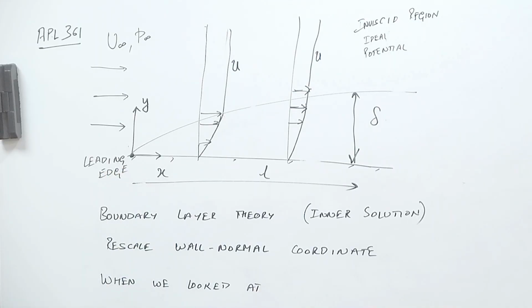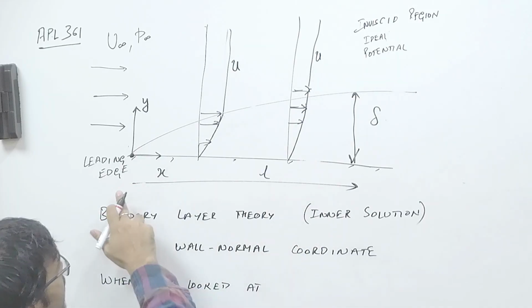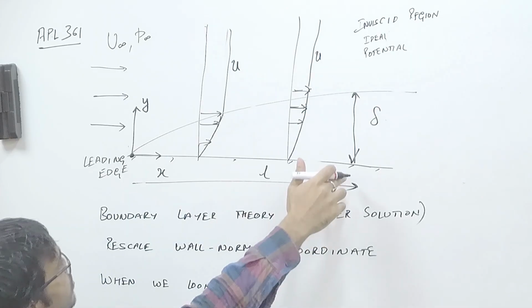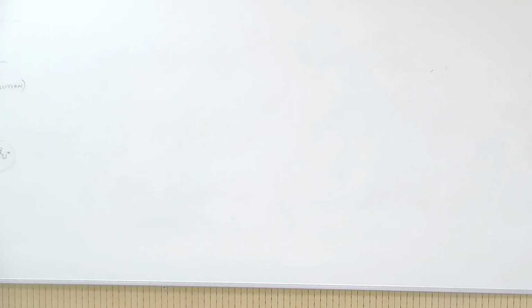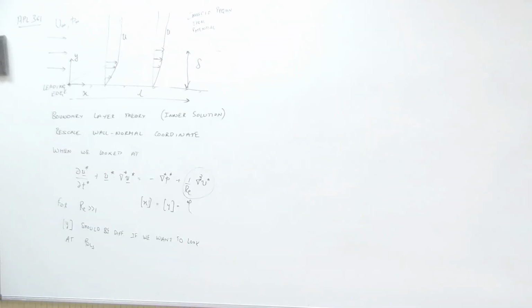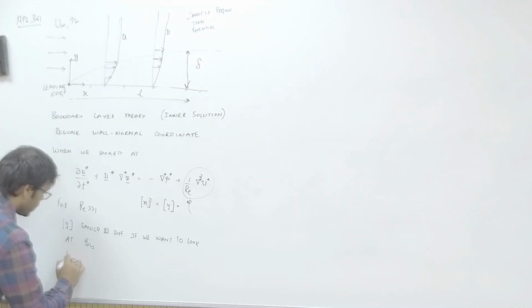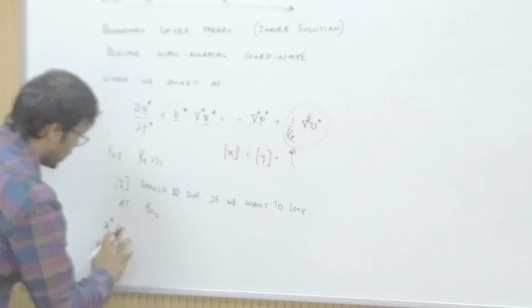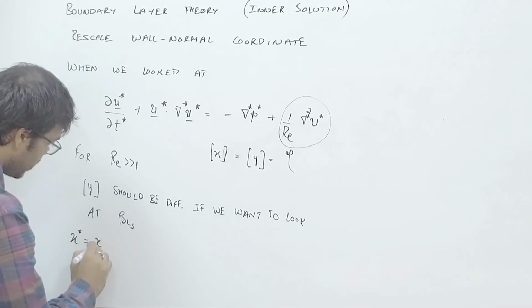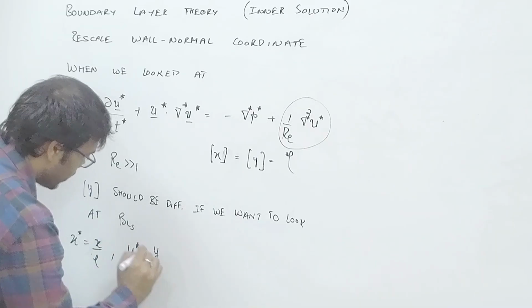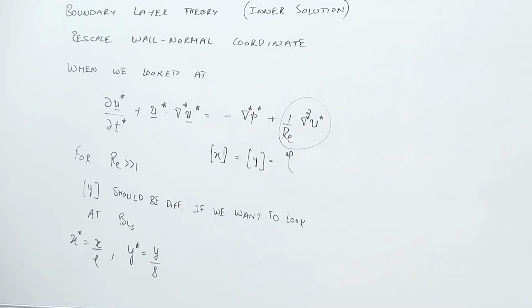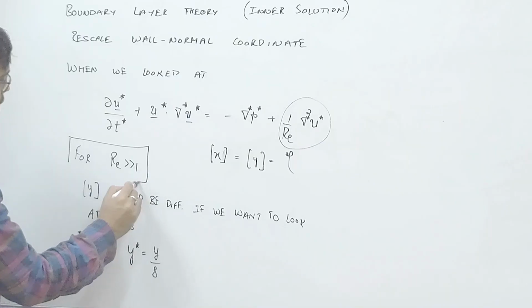And what we are saying is that at a distance L from the leading edge, what is the boundary layer thickness, and that is our characteristic length scale in the y direction. And so x star is basically still x by L, but y star now is y by delta. Okay, and this is the basic assumption that we use.